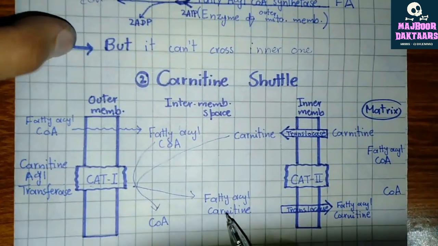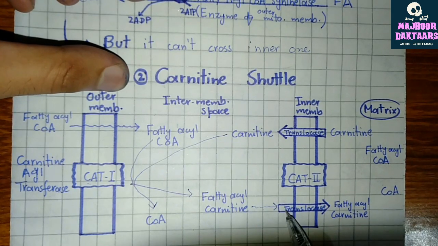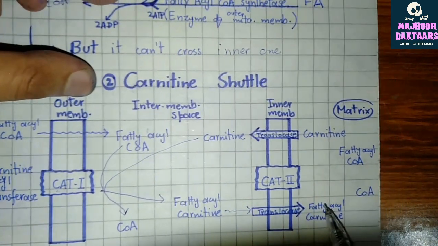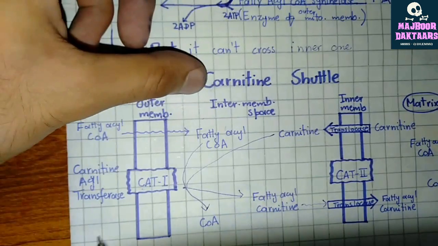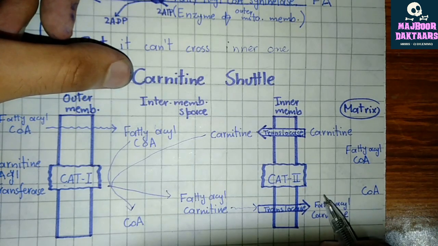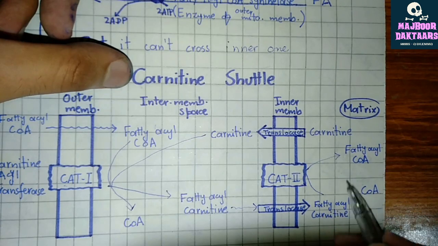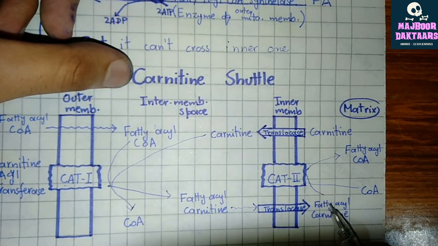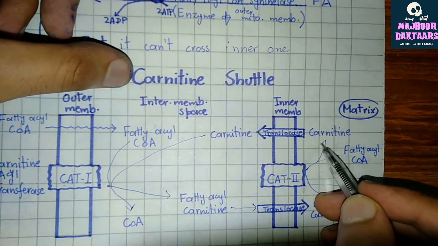Now this fatty acyl carnitine can cross the inner mitochondrial membrane through a translocase, where it is acted upon by CAT2, that is carnitine acyl transferase 2. CAT2 takes the CoA molecule, adds it to the fatty acyl carnitine and removes the carnitine from it.